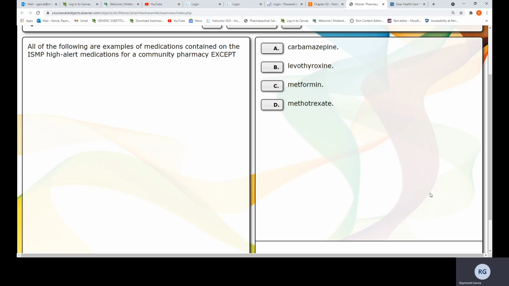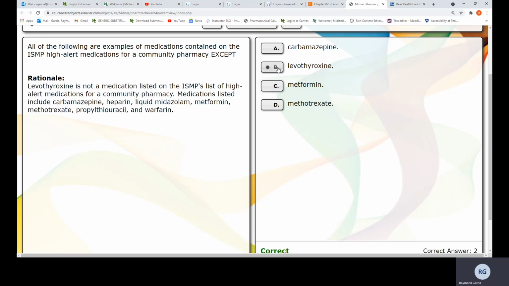You know metformin is already on there. I would say methotrexate is on there because it's a chemo drug. And my guess would be levothyroxine as well would be on there. My guess is A. I don't know. Carbamazepine.